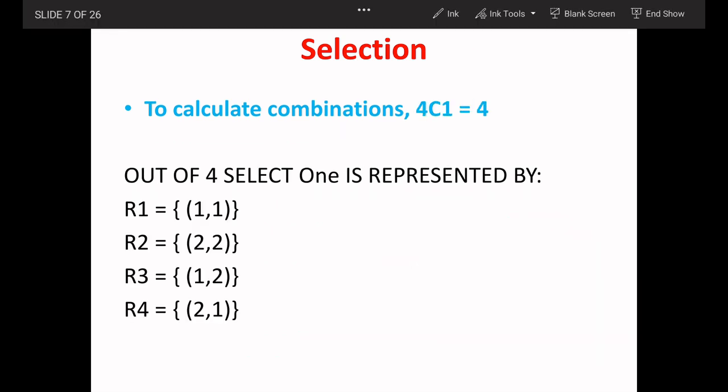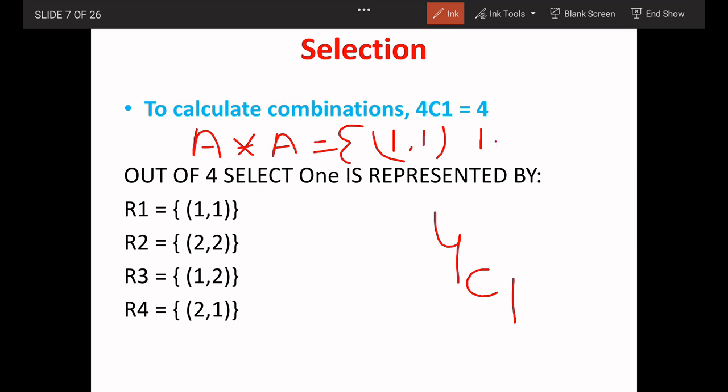Now out of 4, I want to select 1. There are a total of 4 elements in my R. A cross A is equal to 1 comma 1, 1 comma 2, 2 comma 1 and 2 comma 2.